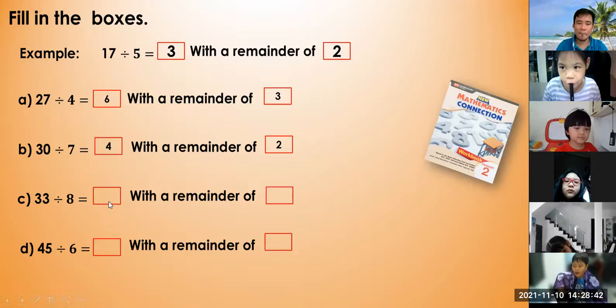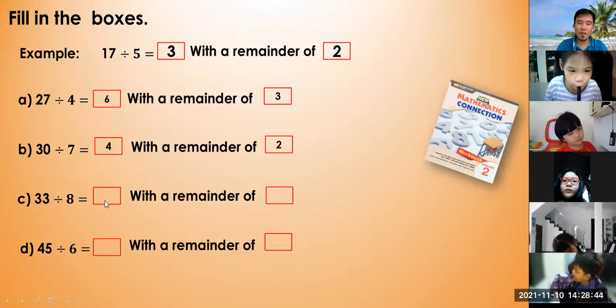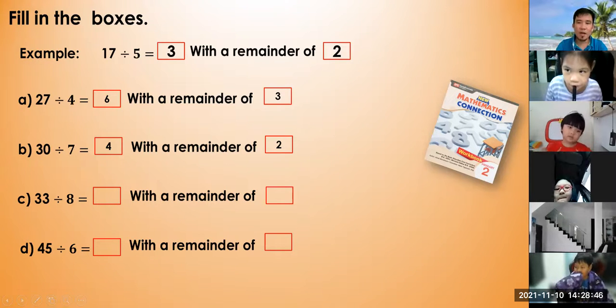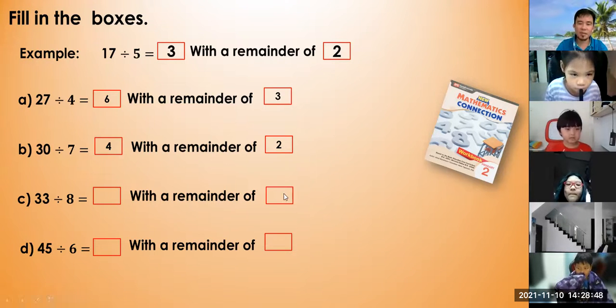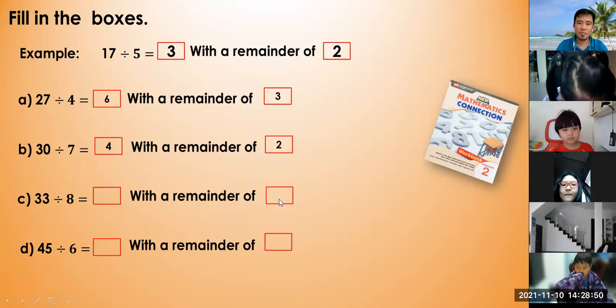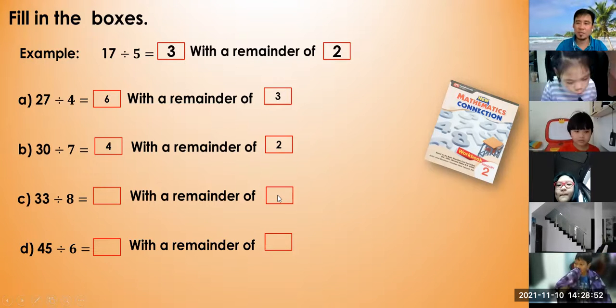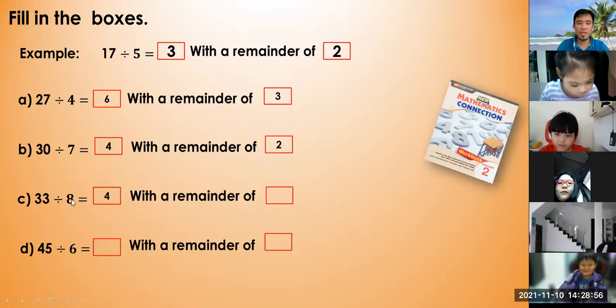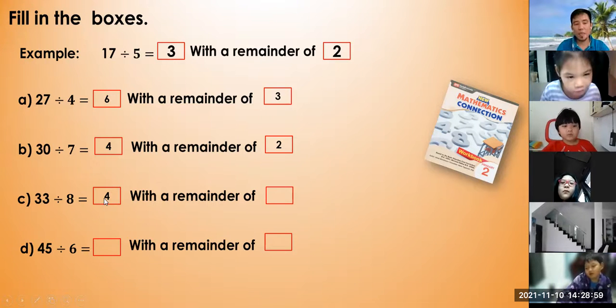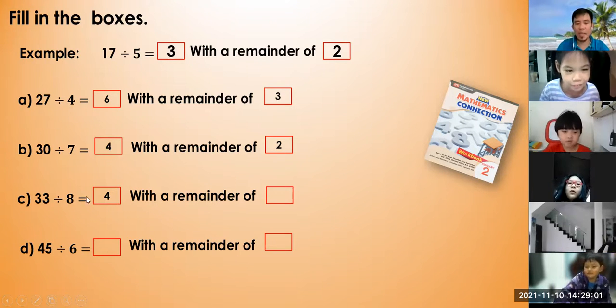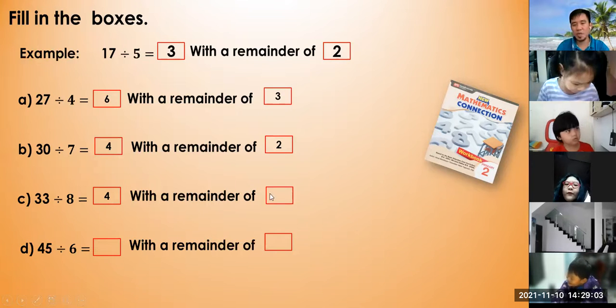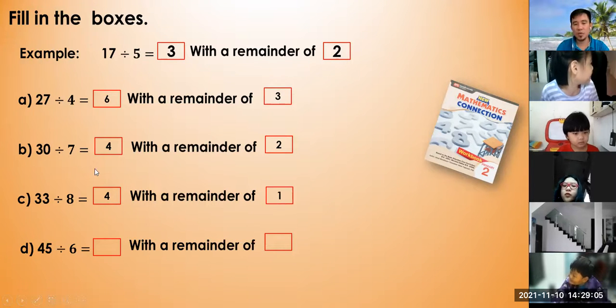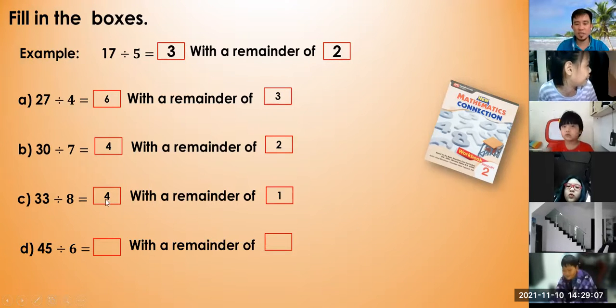What's the remainder? 1. Okay, 4 is the answer here because 8 times 4 is 32. 32 plus 1 is equal to 33. So this is the answer.